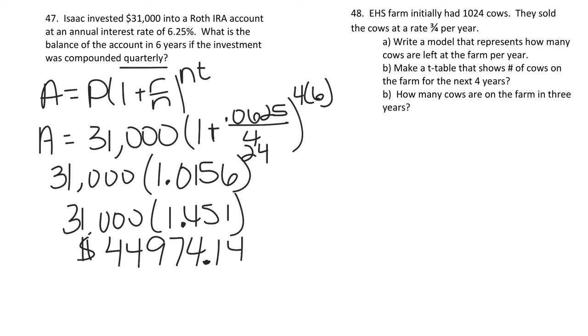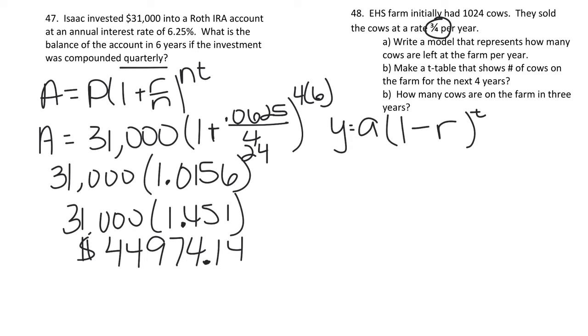Number 48, the EHS farm initially had 1,024 cows. They sold the cows at a rate of 3/4 of them per year. Write a model that represents how many cows are left at the farm per year. So that's, again, same idea. A times 1 minus r to the t equals y. So this is our exponential decay formula.